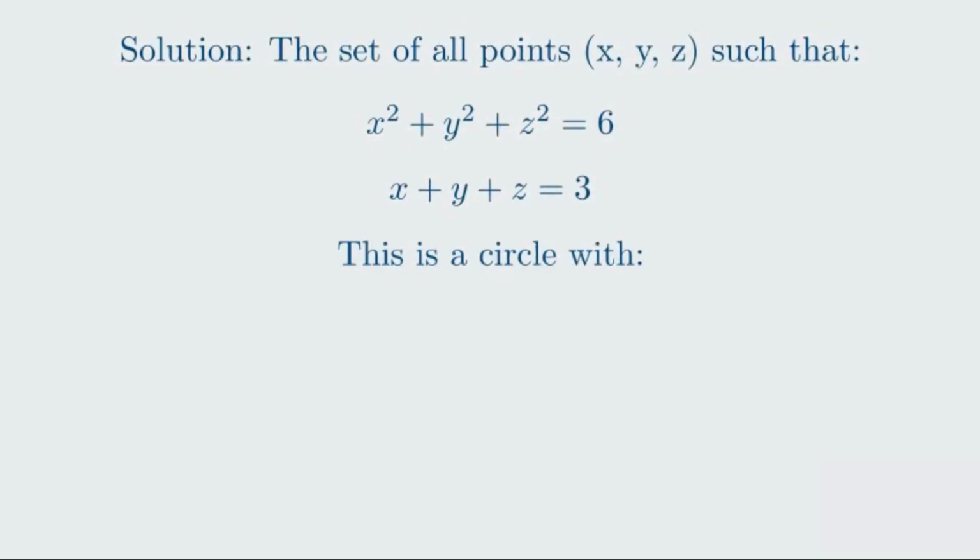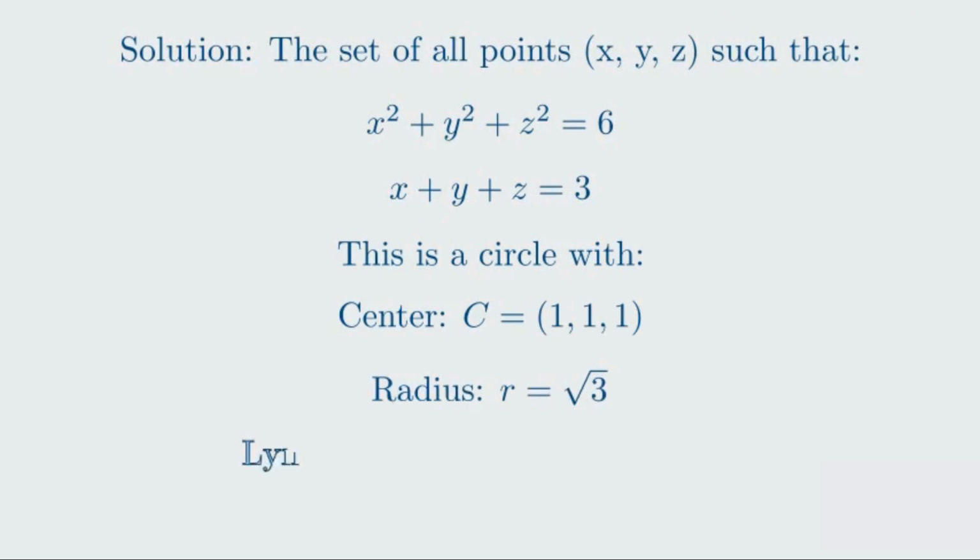The circle's center is (1, 1, 1). Its radius is the square root of 3, and it lies on the plane x plus y plus z equals 3. You could also parameterize this circle if you needed to generate the coordinates of individual points. This is a common next step in such problems.